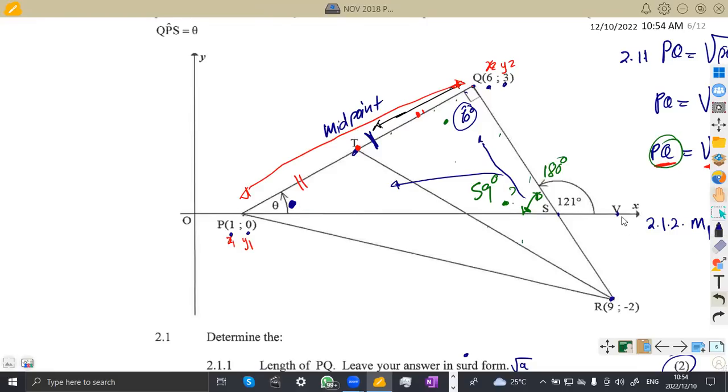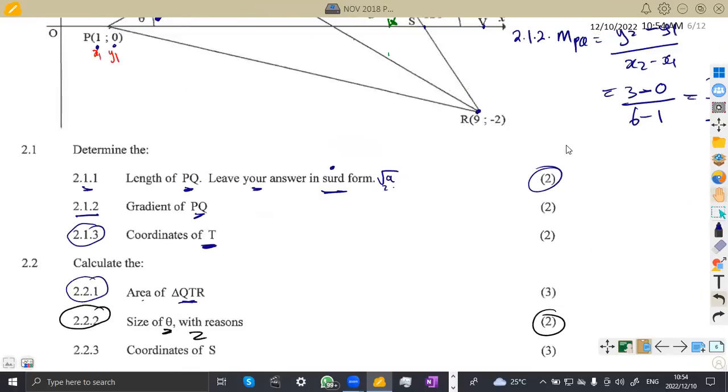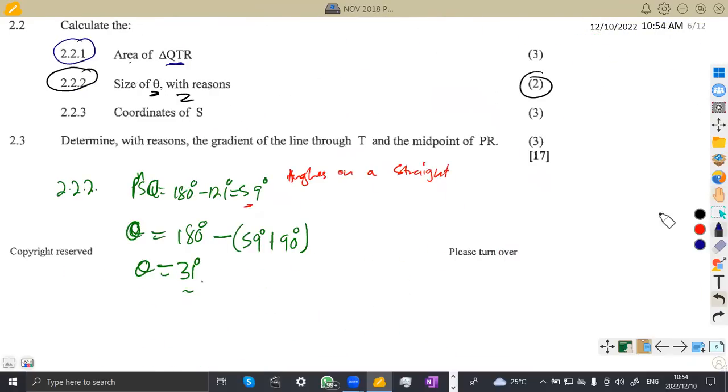So you can formulate an equation: theta plus 90 degrees is equal to 121 degrees. Thus, the exterior angle is equal to the sum of the opposite interior angles. To find theta, we simply subtract: 121 degrees minus 90 degrees. If we transpose plus 90 to the other side, it becomes negative. So theta is equal to what?